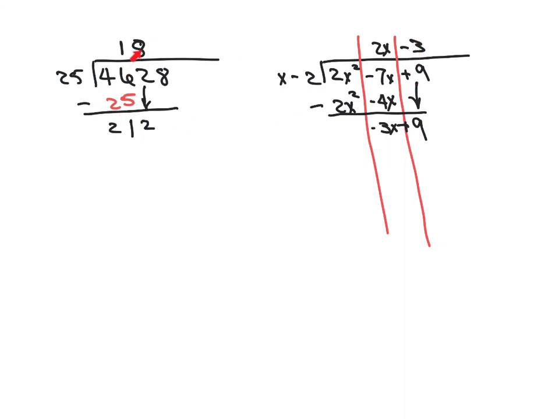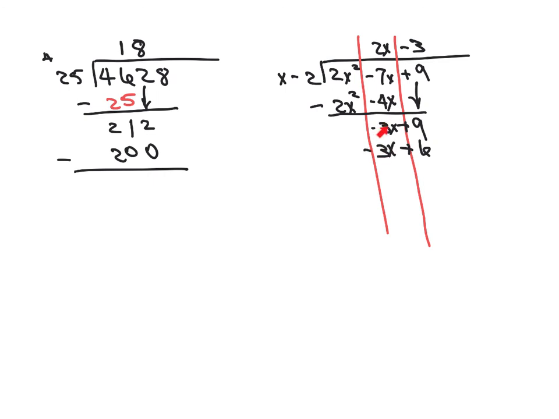Now what do we do with this 8 here? Multiply it by the 5. Carry the 4. 8 times 2 is 16, 20. Line, negative. Do the same thing over here. -3 times -2, +6. -3 times x, -3x.